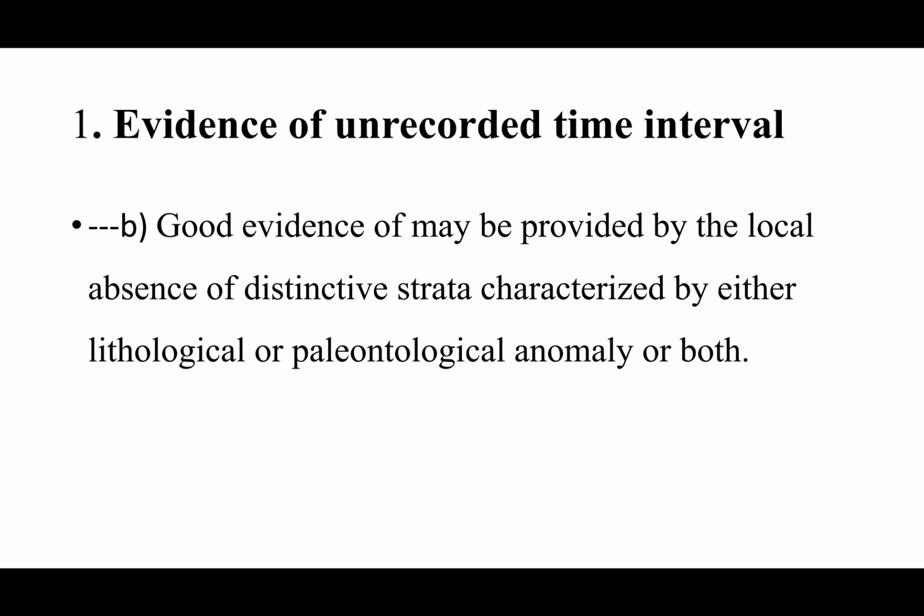If you are well aware of the stratigraphy of an area and there is a missing rock, let's suppose we have Triassic rock, and the Triassic rock is overlain by Cretaceous rock, and there is a missing Jurassic rock. Then this anomaly indicates an unconformity in the field.